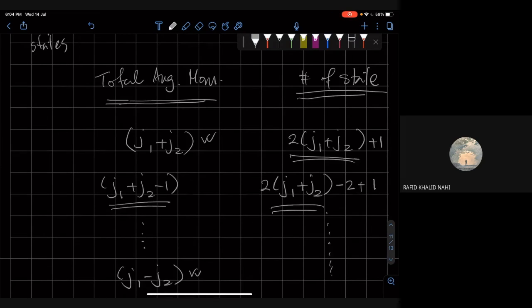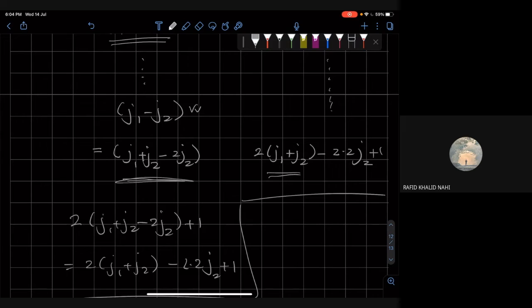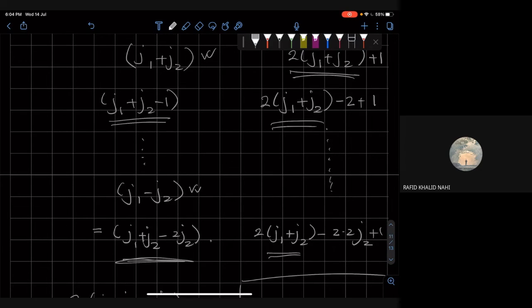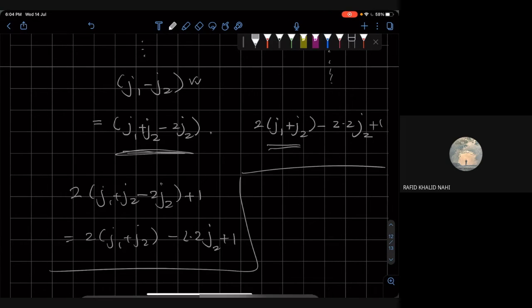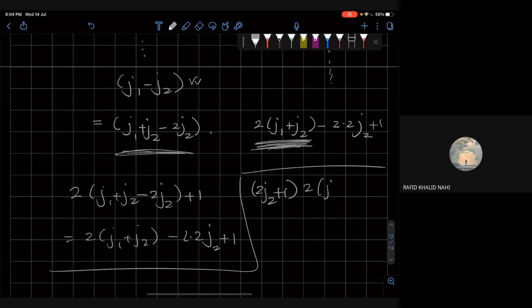So how many terms are here? There are 2j2 plus 1 terms, right? And that will be that many of these terms. So this will be multiplying 2 times (j1 plus j2). That takes care of the first term.